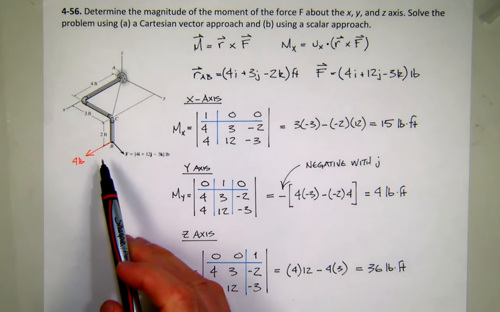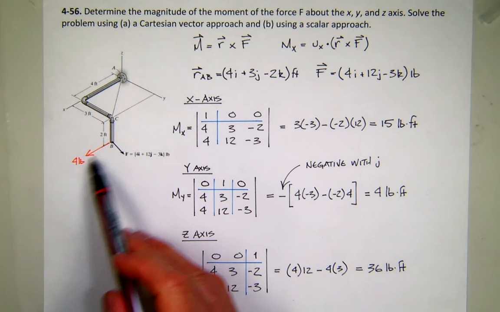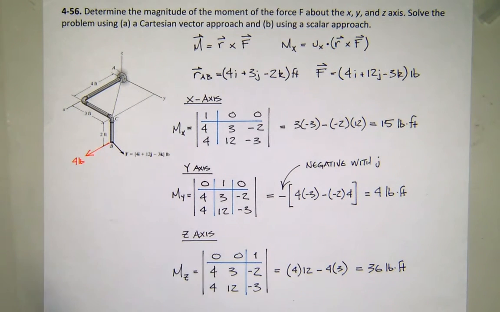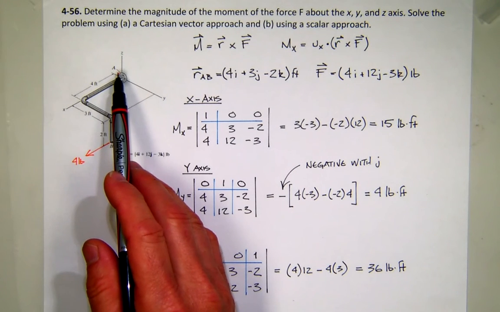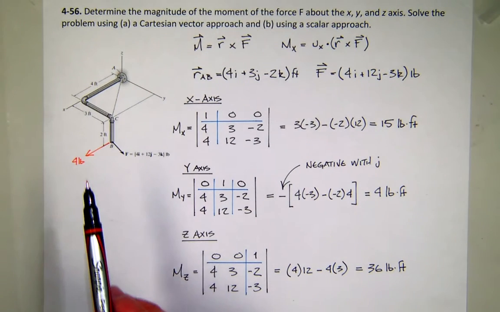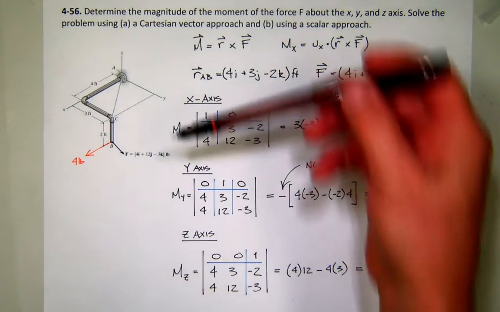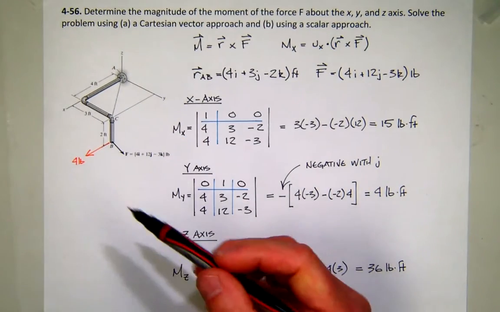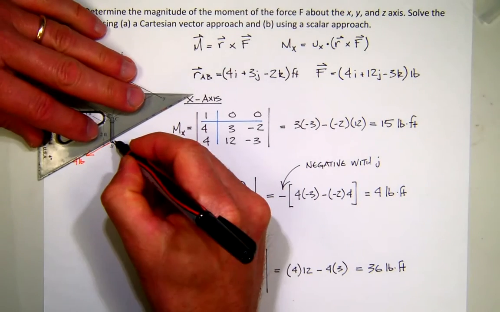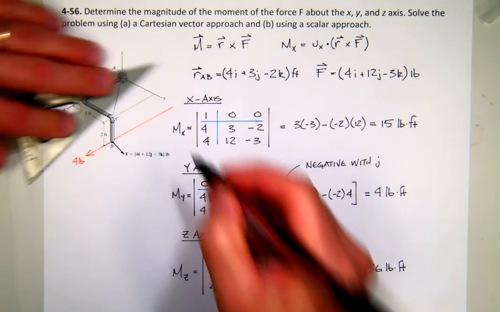Now, is this force in the x direction going to create any moment about the x-axis? No. Is it going to create any moment about the z-axis? Yeah. So what's the perpendicular distance between the z-axis and this force? Remember, it can extend along any line of action, the whole line of action.